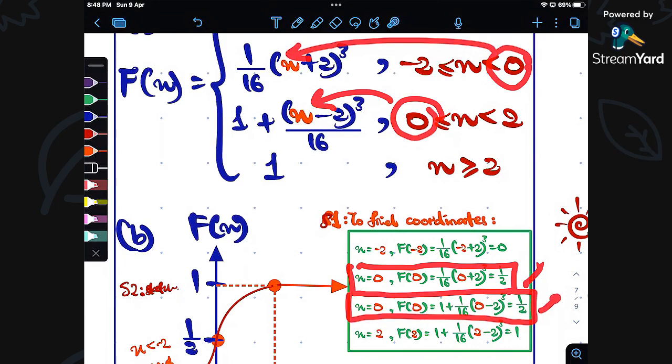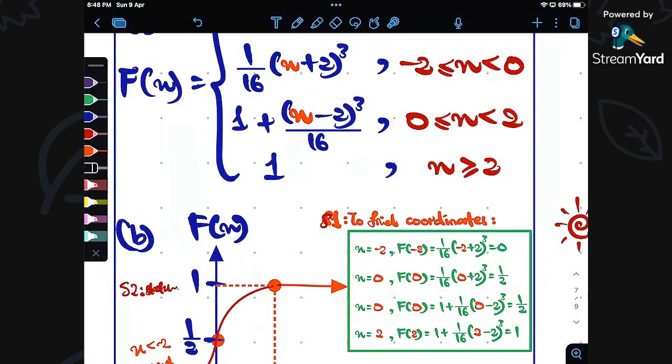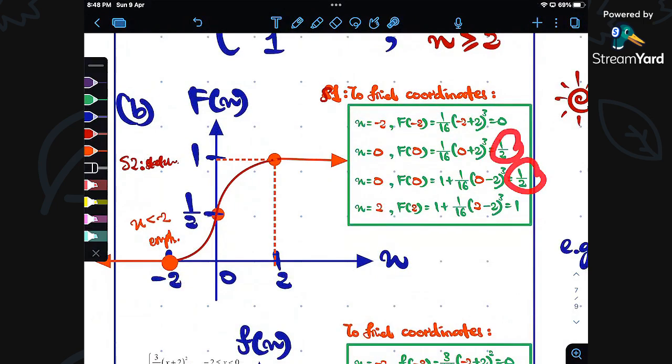It's always like that because the graph is actually continuous. So even though this is an empty circle and this is a dense circle, when they have the same value, you gotta be very careful. If they are the same value, an empty circle meeting a dense circle will still give you a dense circle.